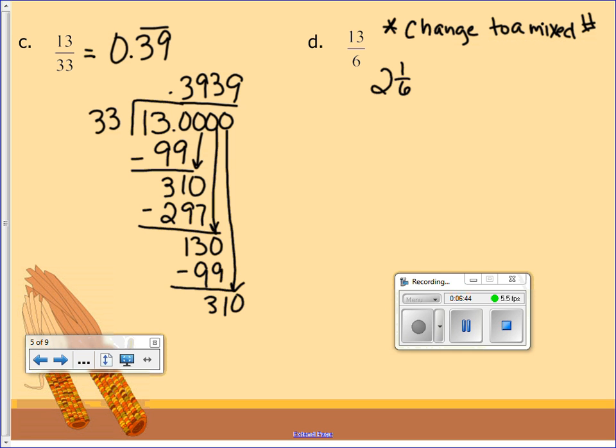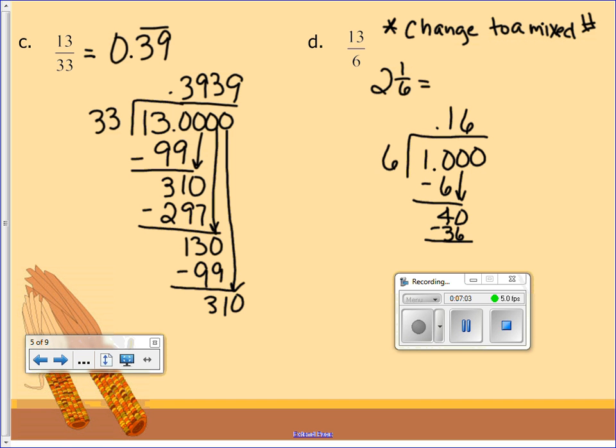So you'll take 1/6 to find the decimal portion. I'm noticing right now that there's a pattern. So 1 divided by 6. Bar notation goes over the 6.